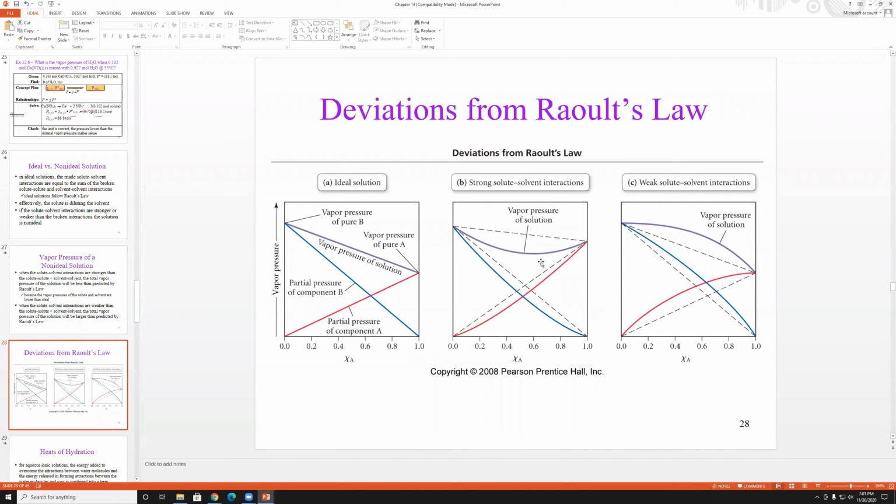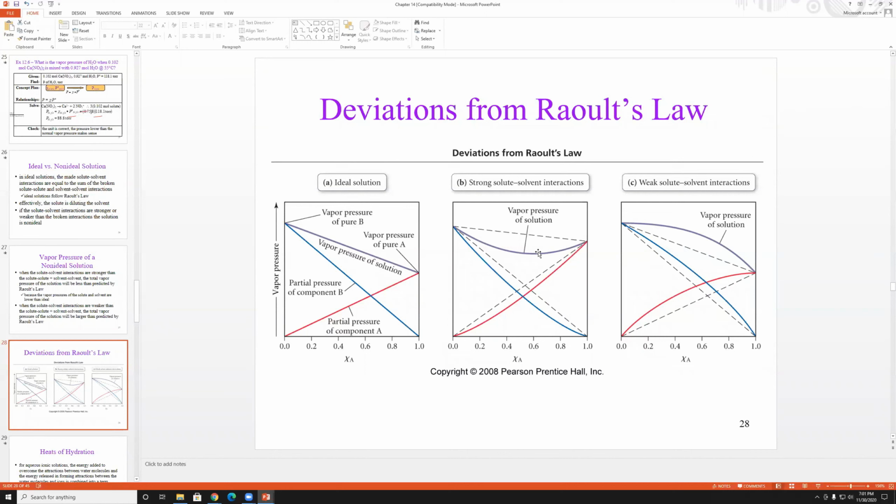So if you have some solutions that have a stronger solute-solvent interaction than assumed in Raoult's law, then it varies a bit. If you have a weaker solute-solvent interaction, the vapor pressure of the solution will be higher. If you have a strong solute-solvent interaction, the vapor pressure would be lower. And this makes sense conceptually of what we talked about.